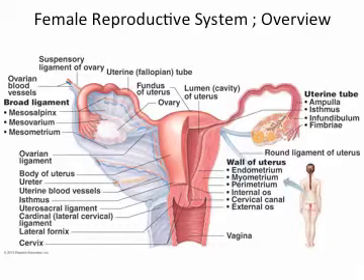If I'm looking at the lower left-hand part of the cartoon, there's a uterosacral ligament and a cardinal or lateral cervical ligament. And then if I look over at the right-hand side of the cartoon, there's a round ligament of the uterus. And we'll go over those ligaments in more detail in a minute.